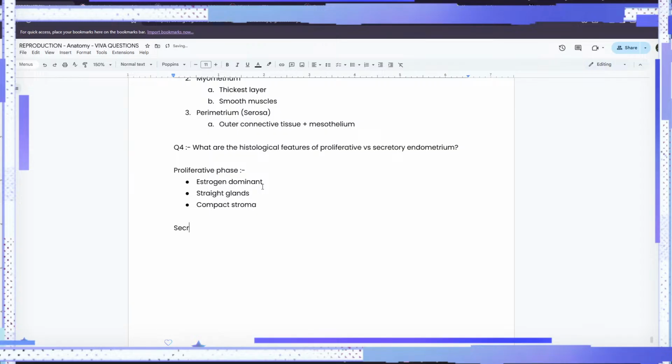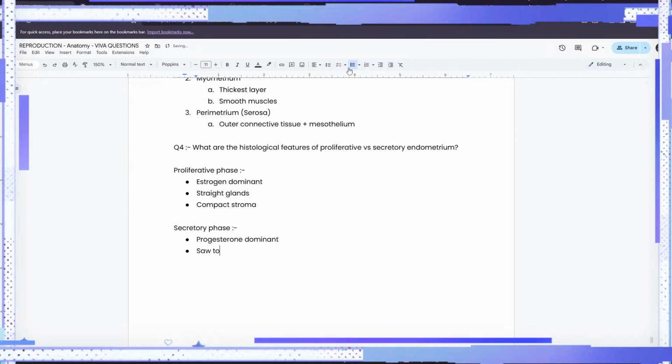And then we have the secretory phase. Of course, bullets here as well. It is the progesterone dominant phase.